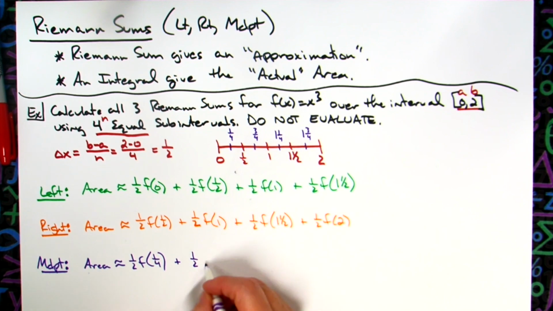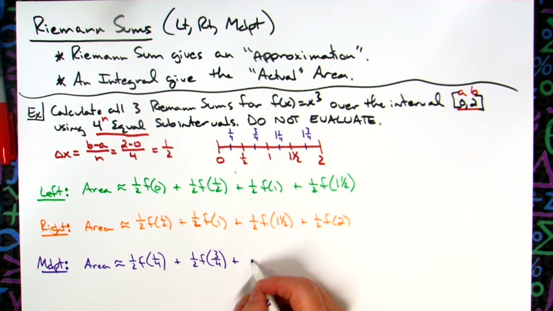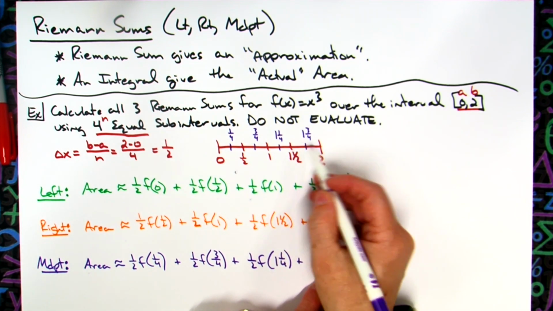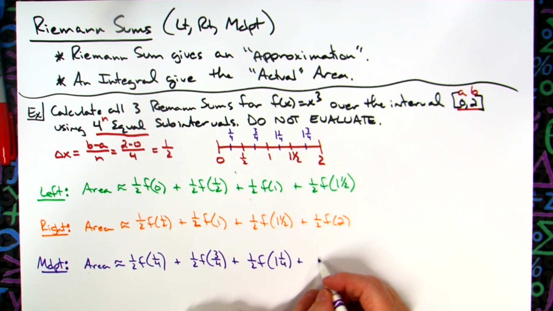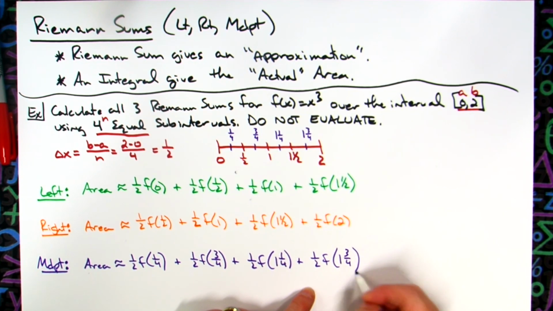I want the middle, the midpoint, so f of 3/4. Third rectangle, I'm plugging in 1 1/4. And then last rectangle, we would be plugging in that 1 3/4. So 1/2 times f of 1 3/4.